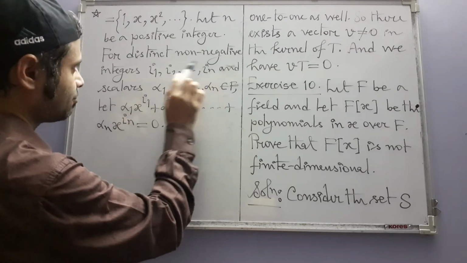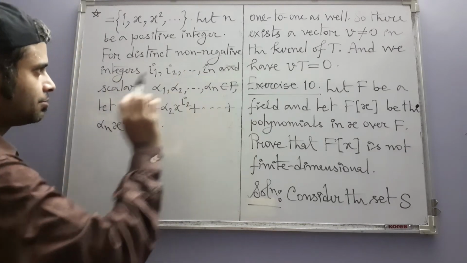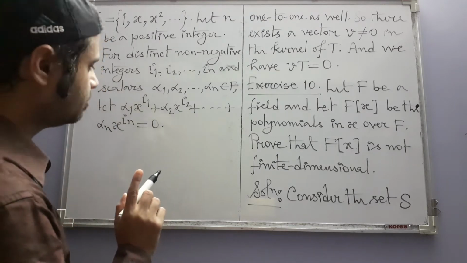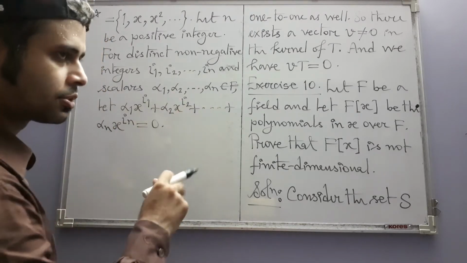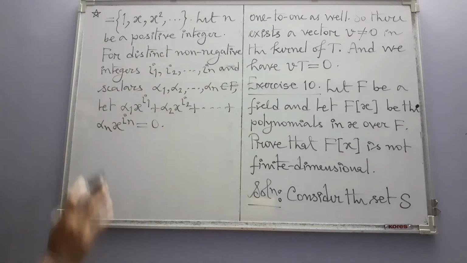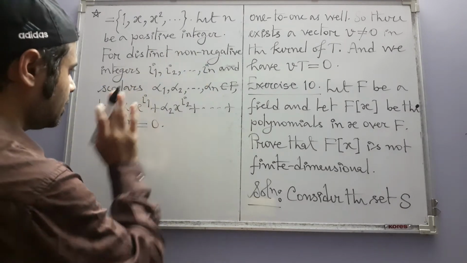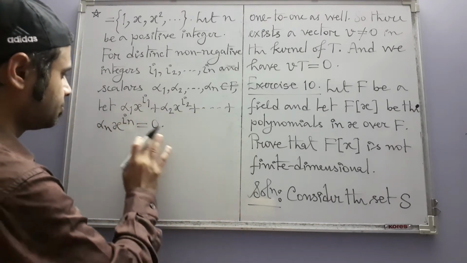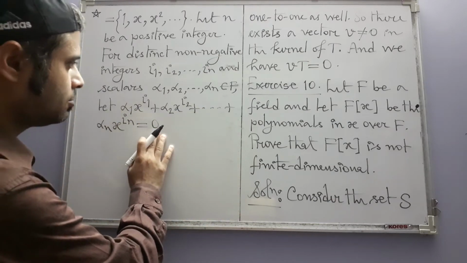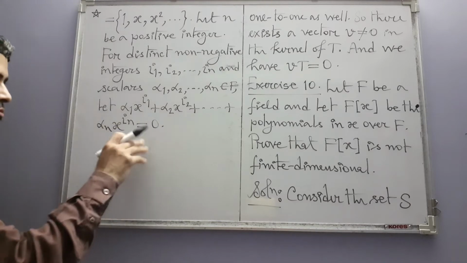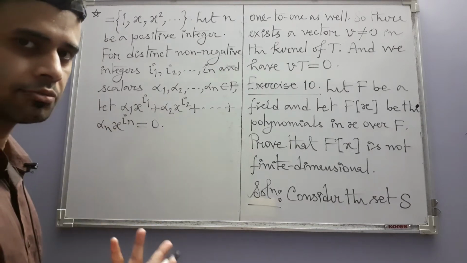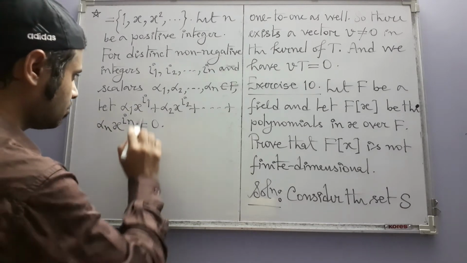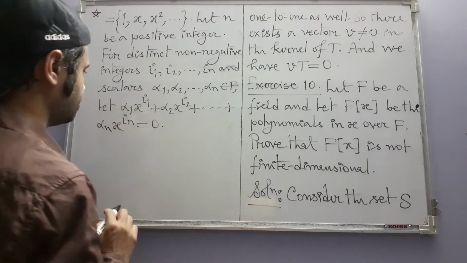Also, we are taking all of them to be distinct. So if at all one of them becomes 0, the others of course then have to be positive. We have taken a linear combination of these monomials and we are setting it equal to 0. Now we want to prove that all the alpha j's are 0.